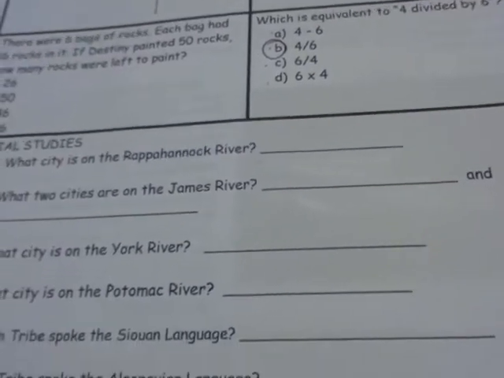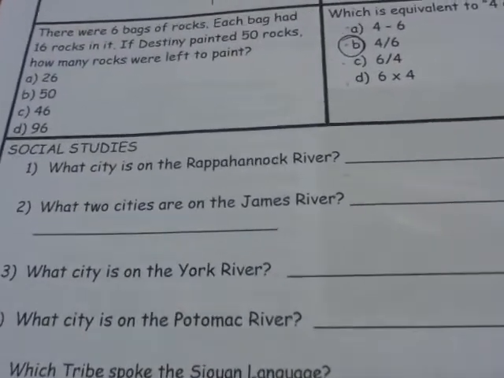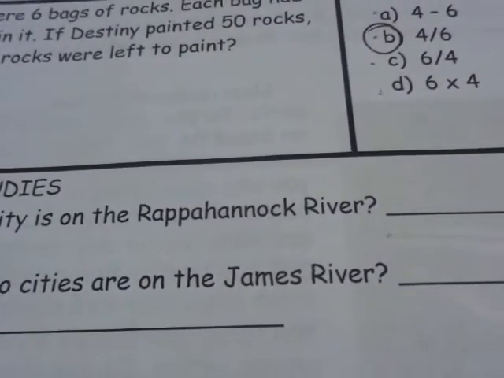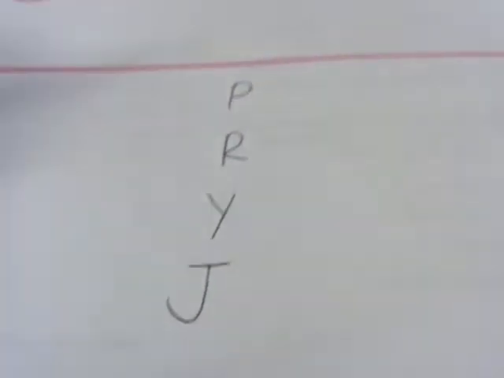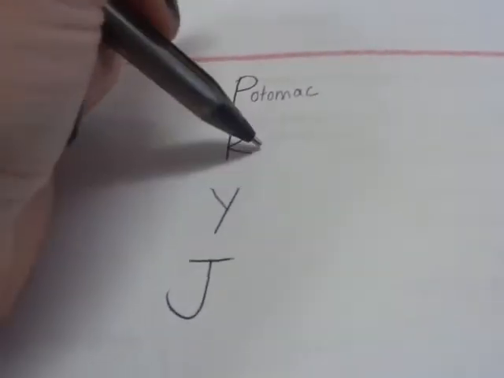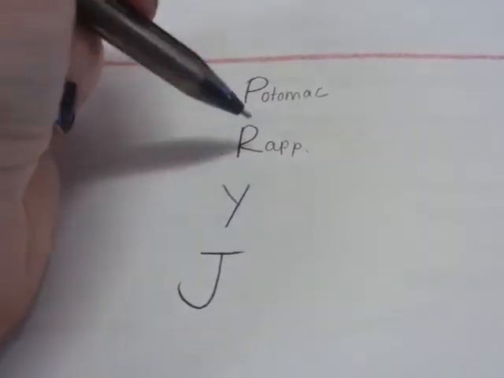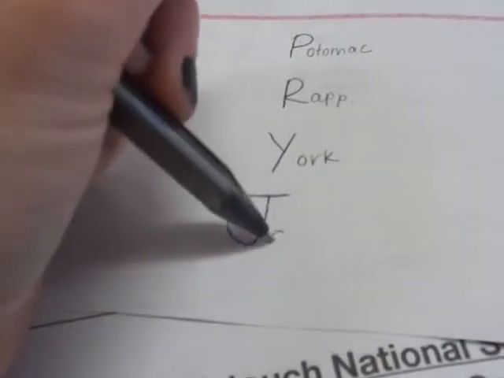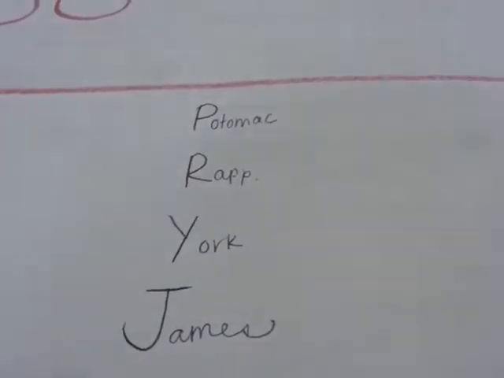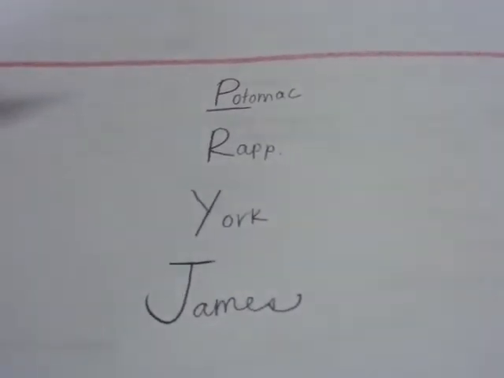Alright, for social studies, we have to fill in the answers to these. Number 1, what city is on the Rappahannock River? So, Miss Ryan taught you a little saying. Please remember your jobs. And all of these represented a river. Potomac, Rappahannock, York, and James. But there is also a little saying with parts of these words to help you remember the city.